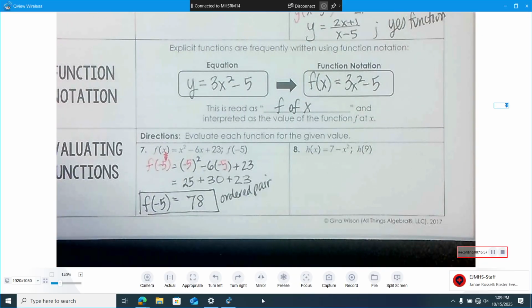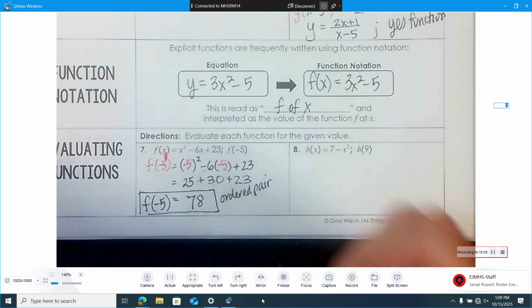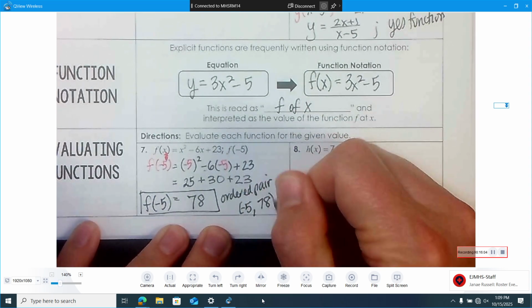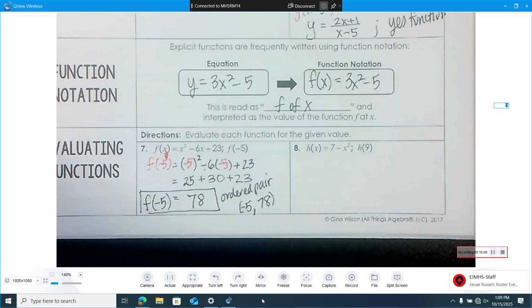I just found a solution on my curve. The ordered pair was an input of negative 5 and an output of 78. So somewhere on my graph, I have negative 5, positive 78. Okay? It's part of the graph. It's part of the solution to my curve here. And so function notation becomes very, very useful.